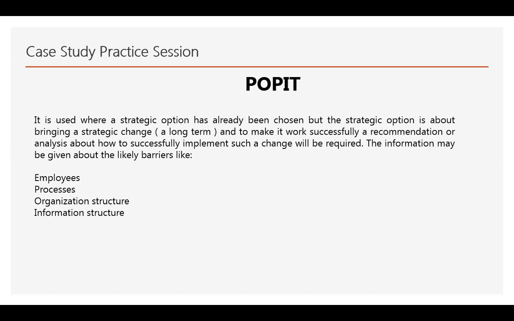Sometimes you may only be analyzing the problems that the organization may face. Or at other times, you may also be required to recommend a strategy of how this strategic change will be implemented. So the puppet model firstly will be used where you are required to analyze the problems that the company may face in implementing a strategic option.